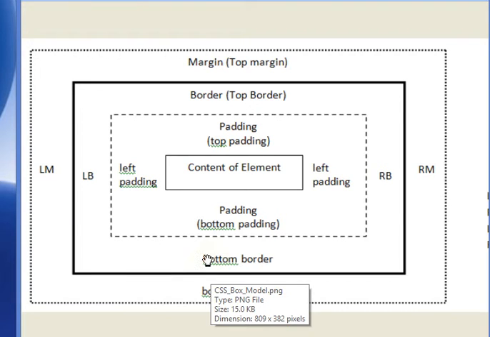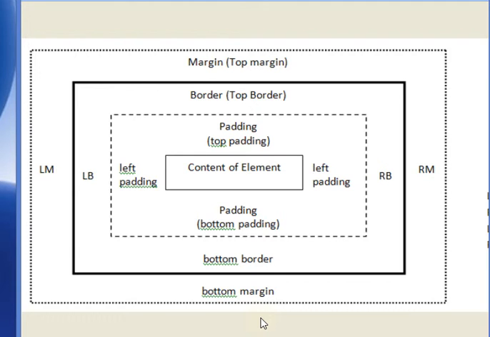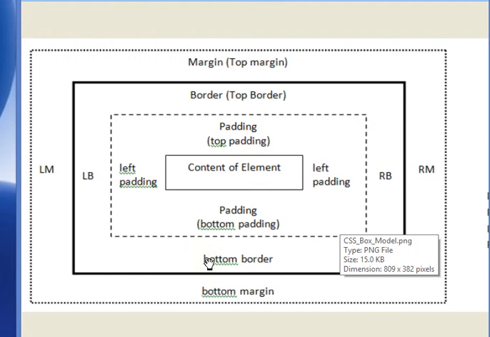Okay, so in the next CSS lectures, we'll see one by one the border property, then padding and margin properties, and how we can use them to set the margin, border, or padding of an element.